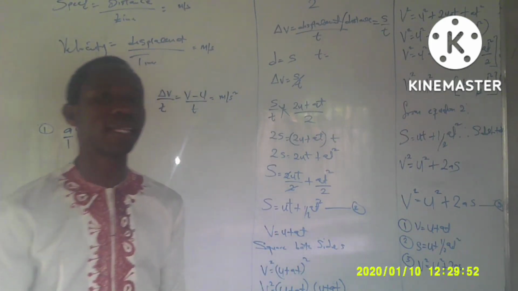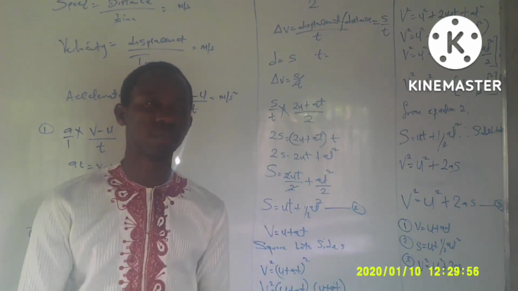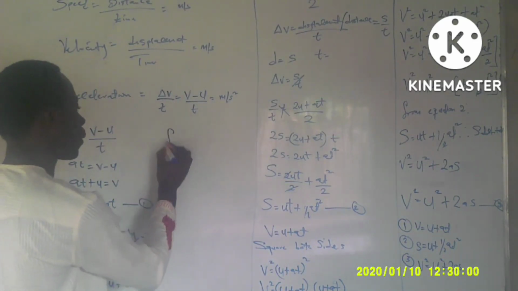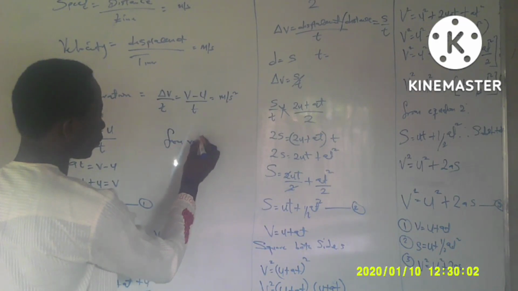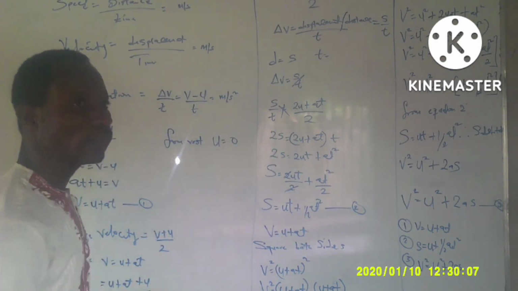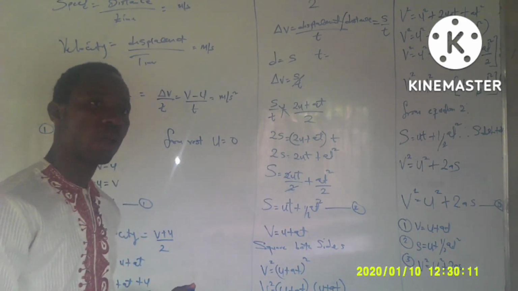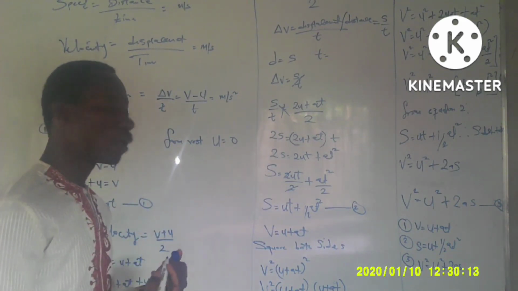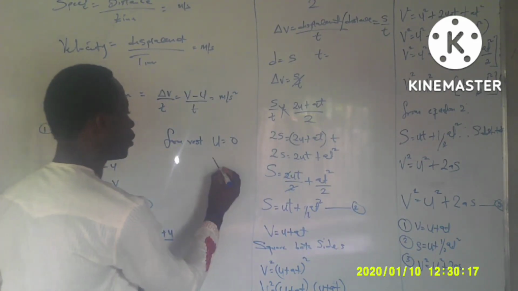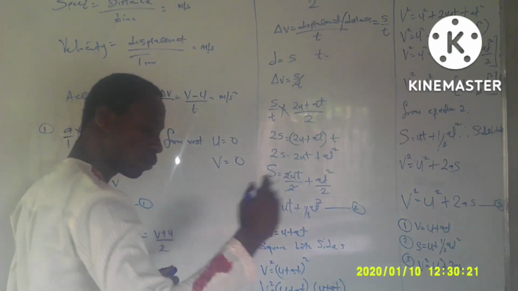When a vehicle is starting from rest, the initial velocity is 0. Yes, when the vehicle is starting from rest, u is equal to 0. When the vehicle has gotten to its final stage or has come to rest, or has stopped, the final velocity is 0, because the vehicle was moving before, then it has come to rest.